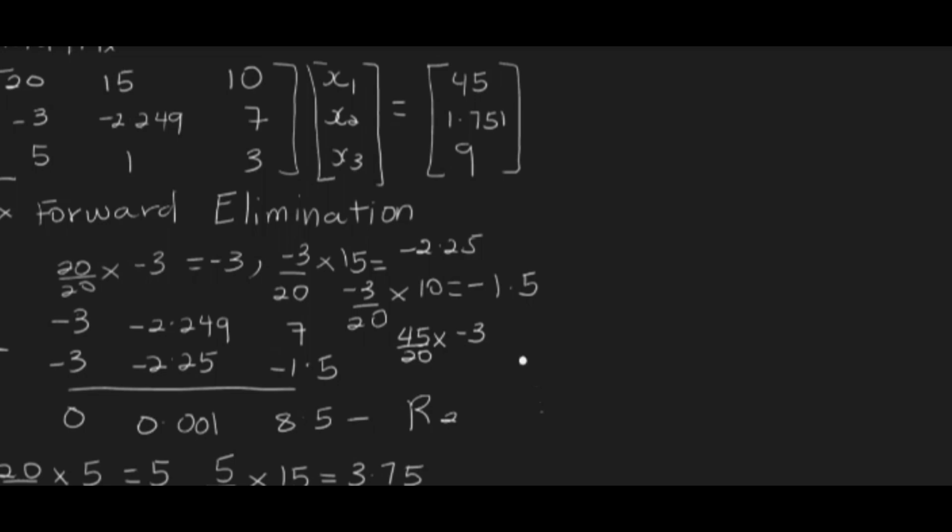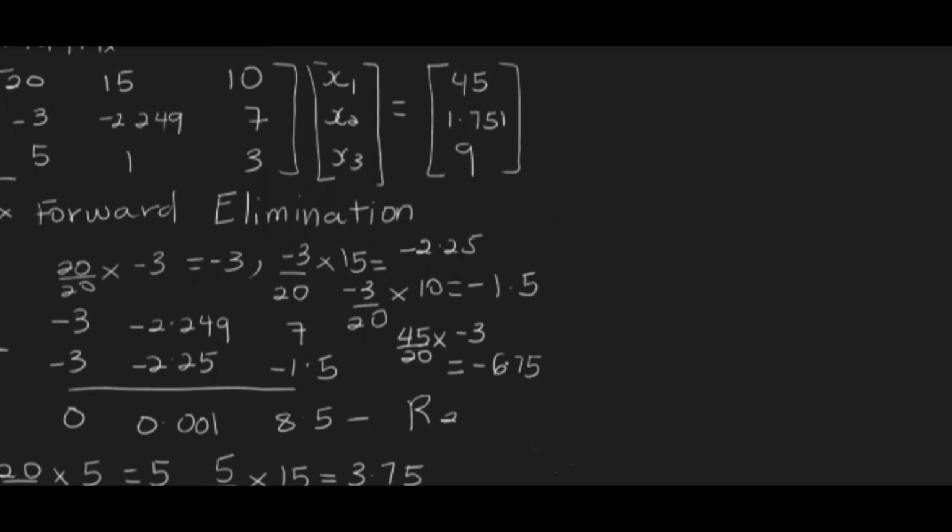That will give us negative 6.75. You realize we subtracted our modification from the row 2. So I'm going to subtract it from this one to get our new entry.